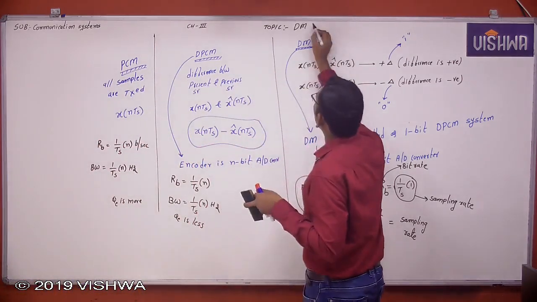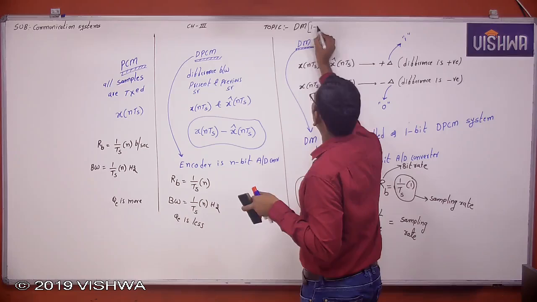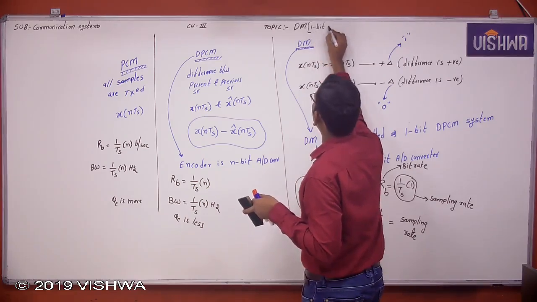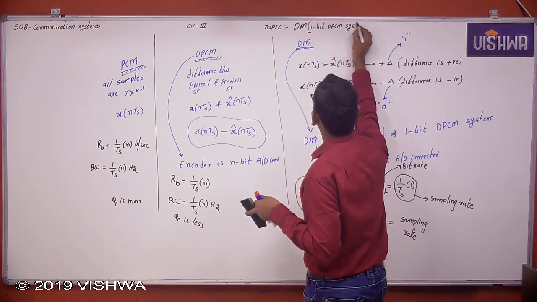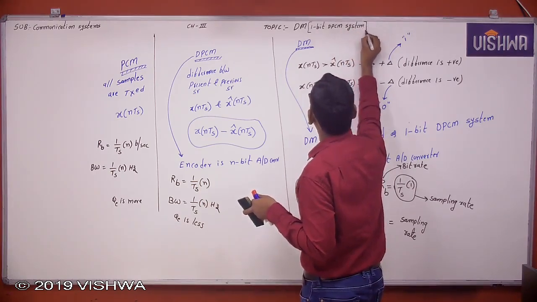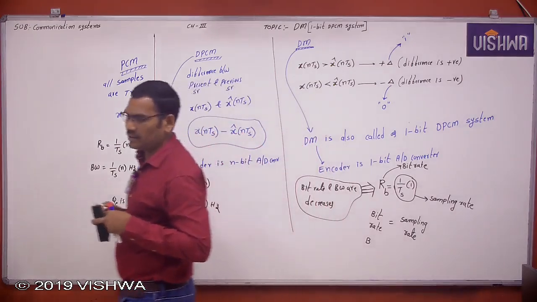Therefore, another name for delta modulation is 1-bit DPCM system. So here the encoder and decoder are only 1 bit.